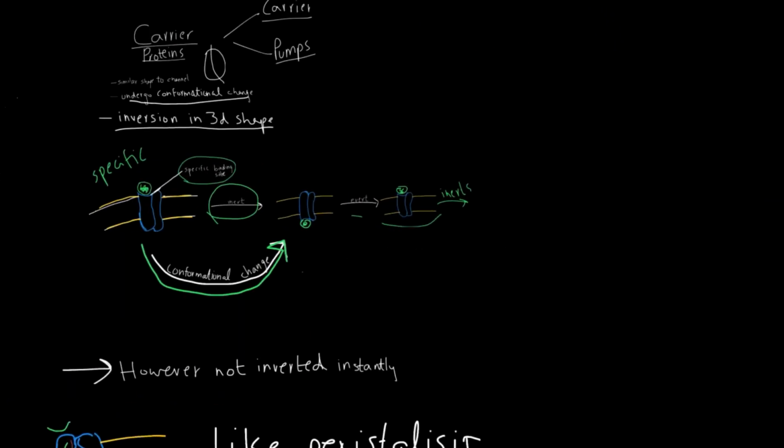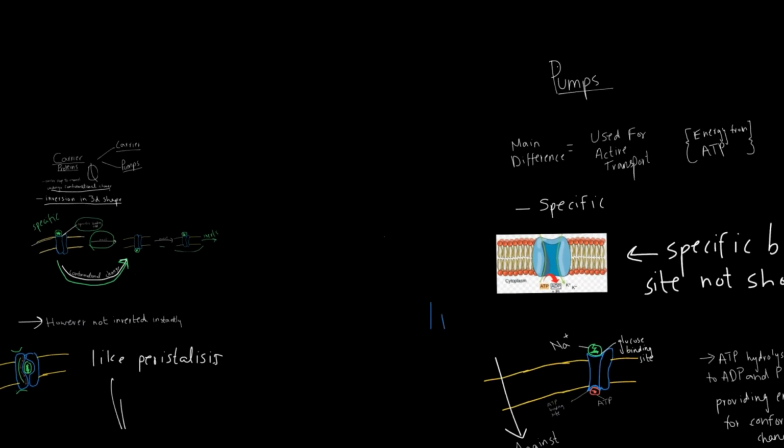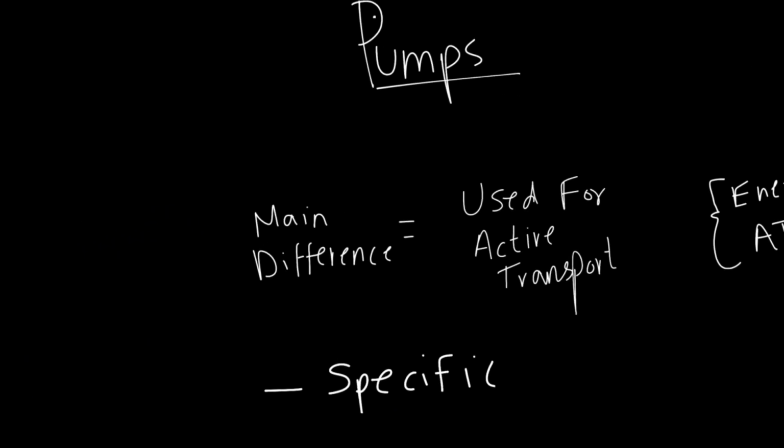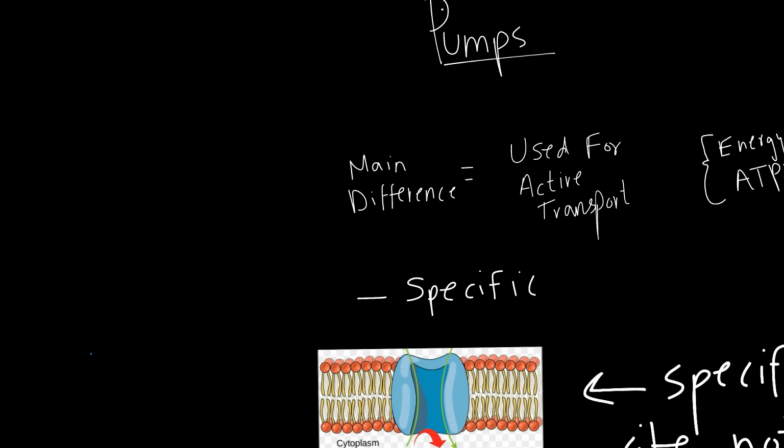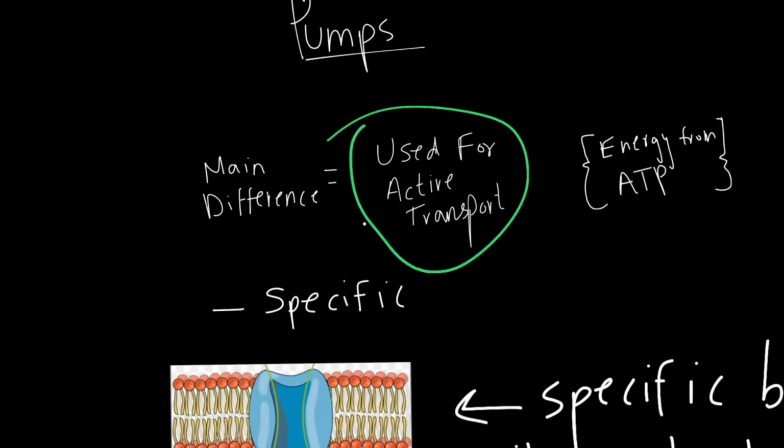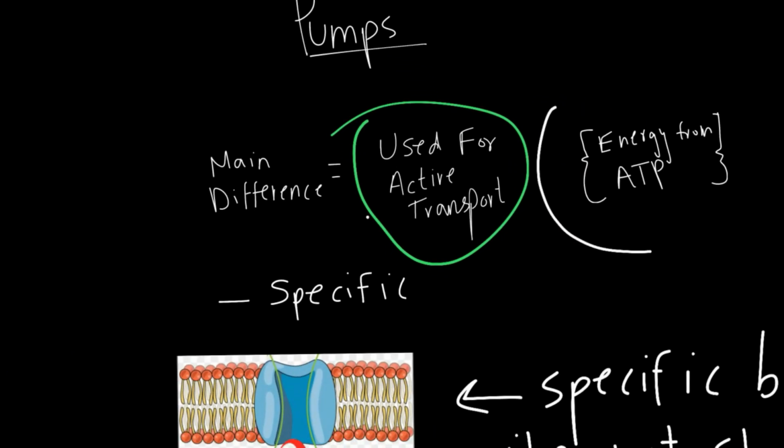Now the second type of carrier protein is a pump, as I've mentioned earlier. The main difference for a pump is that it is used for active transport, right? And as it is used for active transport, it requires energy, and energy obviously comes from ATP, because ATP is the energy source in all living cells.